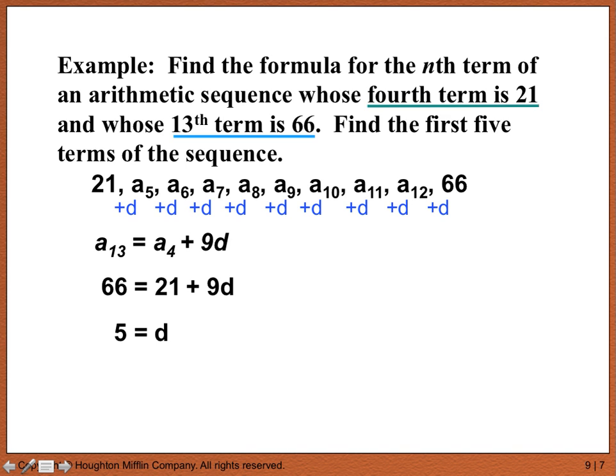If there's a big difference in terms, like let's say they gave you the 4th term and they gave you the 600th term, well, doing it the long way will take you forever. But the short way is easy, because you just look at these subscripts. See, this is 13 and this is 4, and 13 minus 4 is 9, and that's how you know what to plug in here.